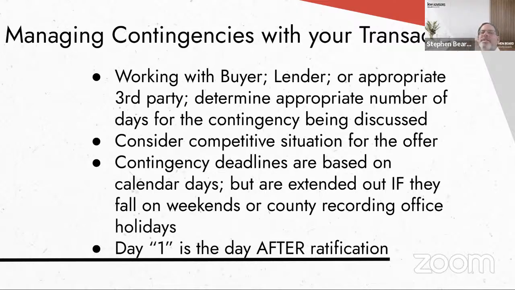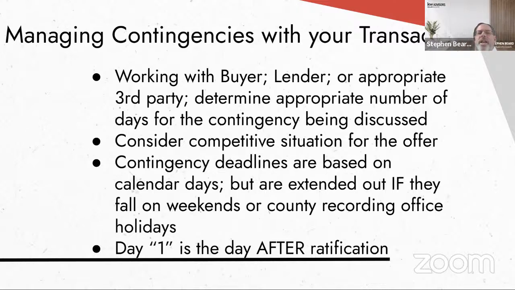Remember that contingency deadlines, the 10 days or whatever it is, are based on calendar days, but they must not end on a non-business day. So we start counting day one. Day one is the day after ratification. So if the deal is ratified today, Tuesday, then Wednesday's day one, we start counting. Day 10 is maybe next Friday, I would think, right? So if day 10 is next Friday, we have no problem.